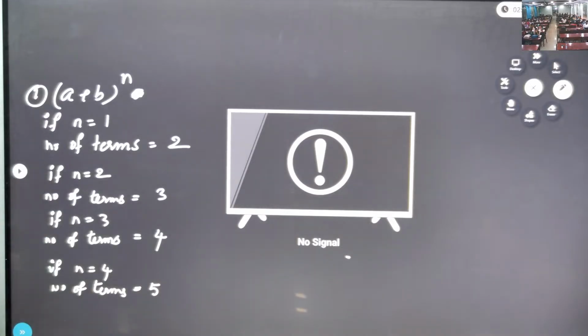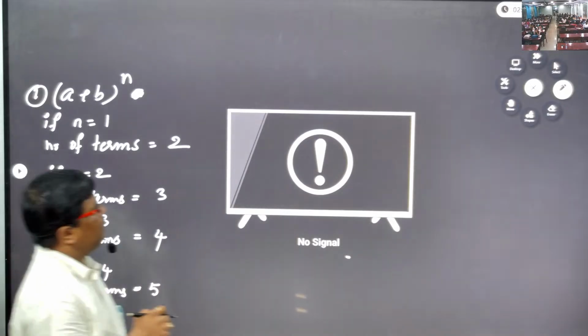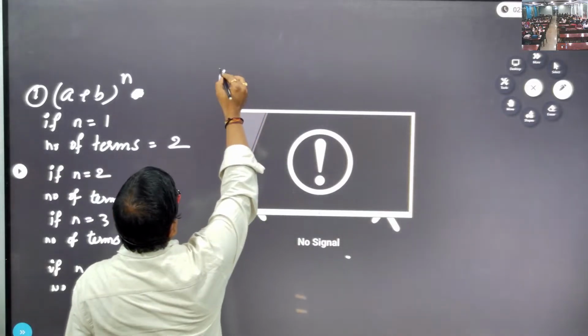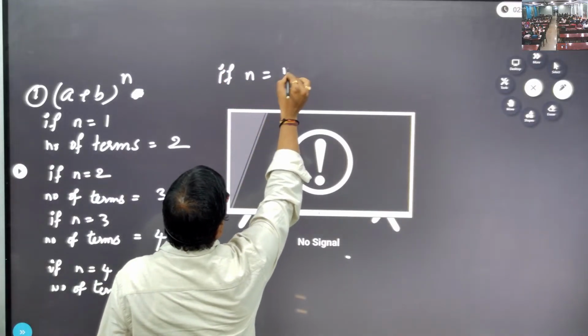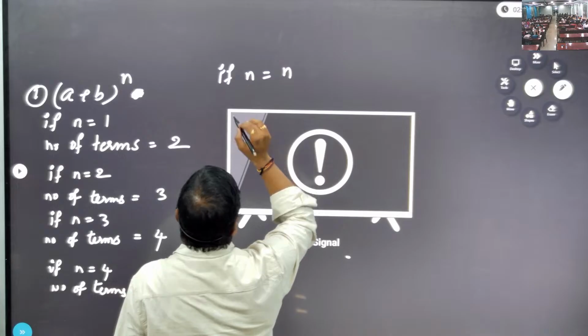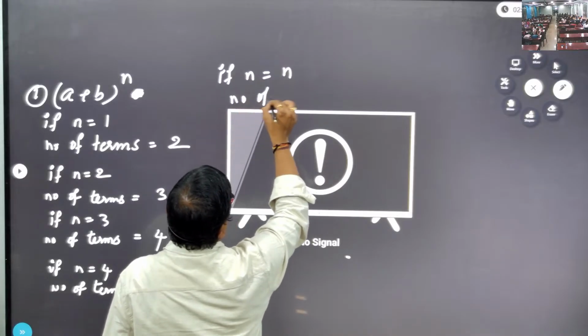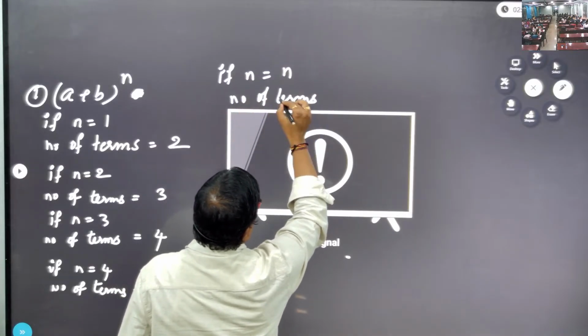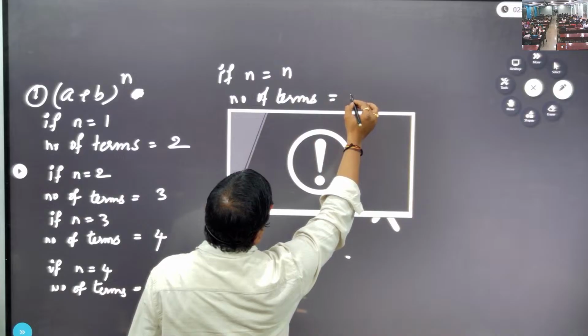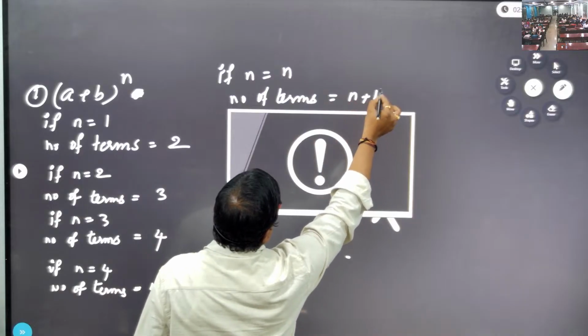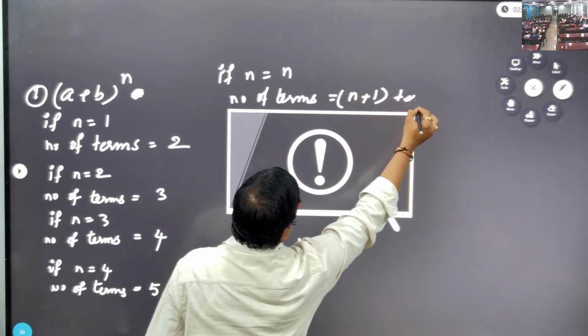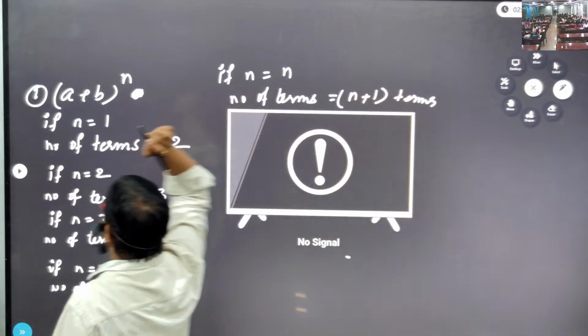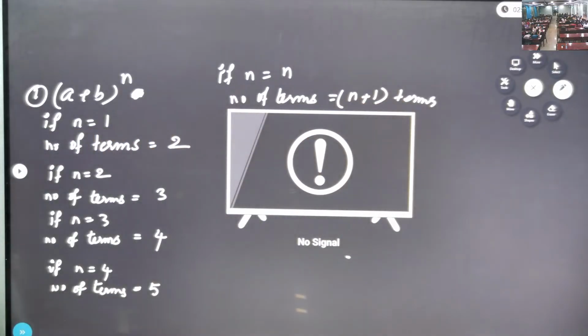If n is equal to n, number of terms, how many are there? N plus 1 terms. If n is equal to n, number of terms in expression is n plus 1 terms.